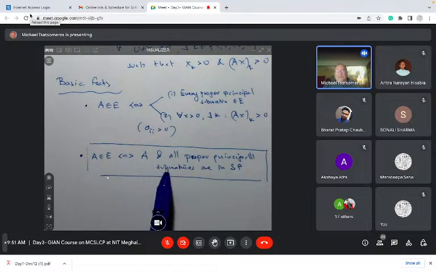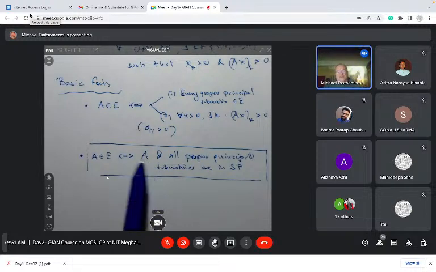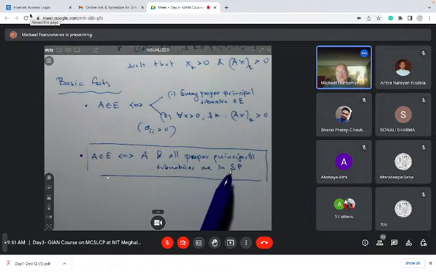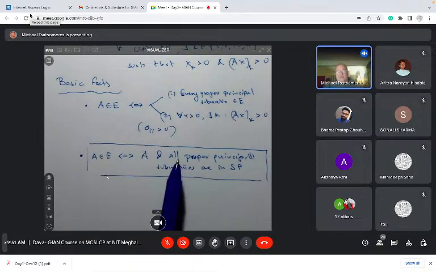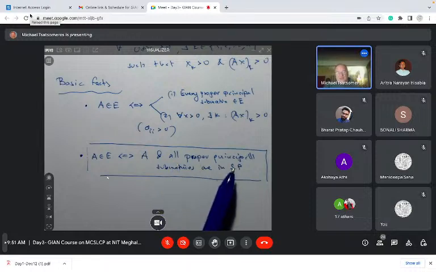For example, P matrices, because of this fact, are strictly semi-monotone. Every P matrix is SP. We proved that. Every proper principal submatrix of a P matrix is a P matrix, so they're all SP, and therefore the matrix is strictly semi-monotone. A mouthful, but it's interesting.